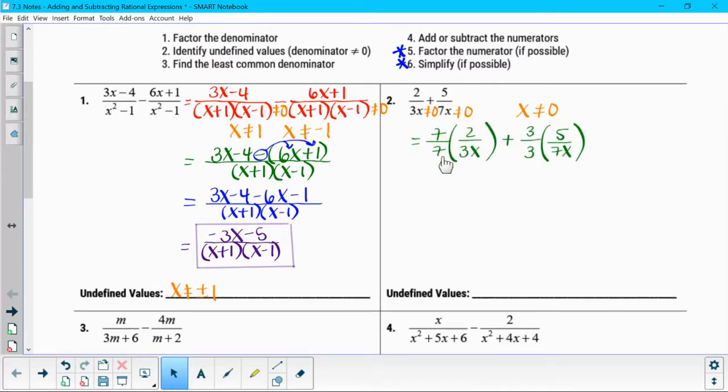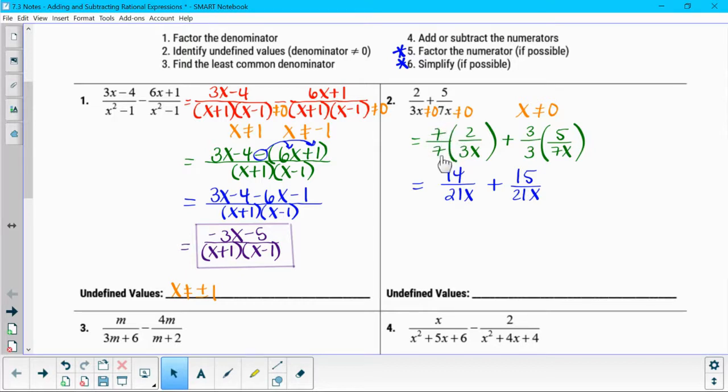So top and bottom by 7, top and bottom by 3, and that's going to give me 14 over 21x, because remember, multiplying fractions is numerator times numerator, denominator times denominator, and 15 over 21x. Now remember, anything you multiply the denominator by, you have to multiply the numerator by, because it's like multiplying by 1.